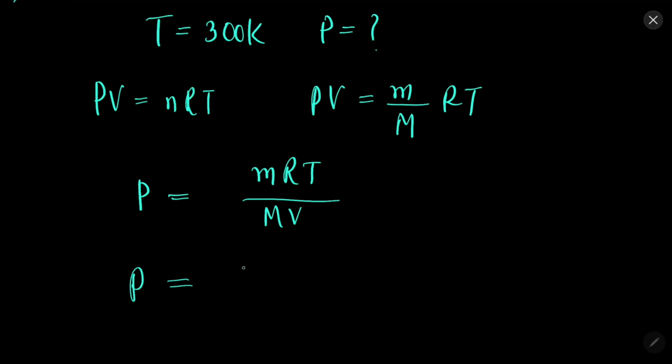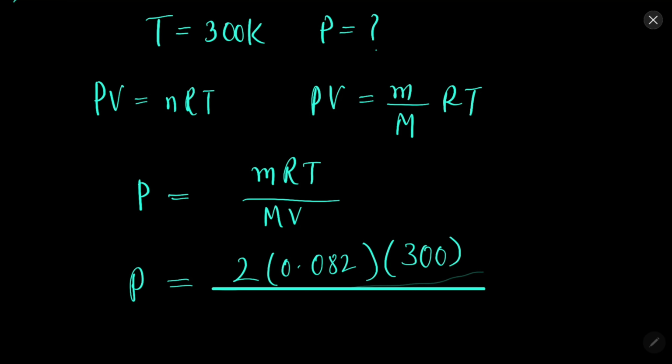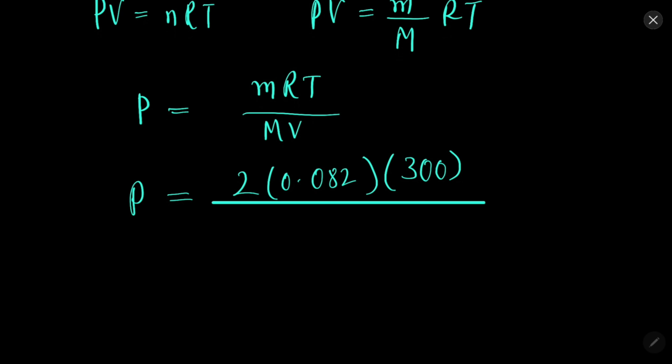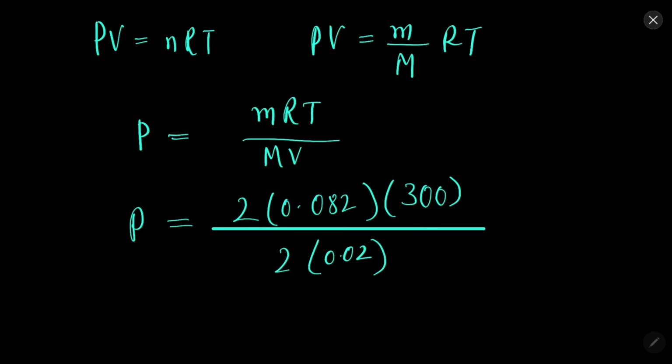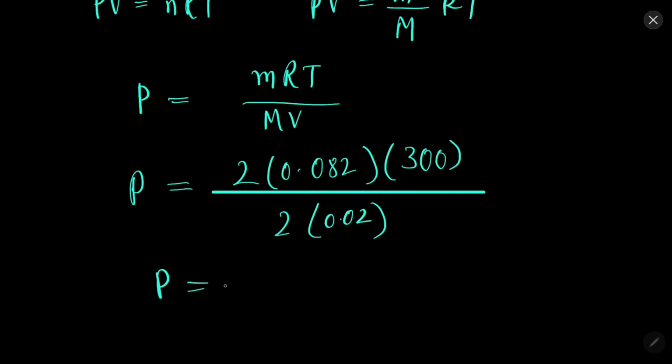Given mass is 2 gram, R is 0.082, temperature is 300 Kelvin, the molar mass is also again 2 gram, and the volume is 0.02 meter cube. So after solving this, pressure will come out to be 1.23 into 10 to the power 5 pascals.